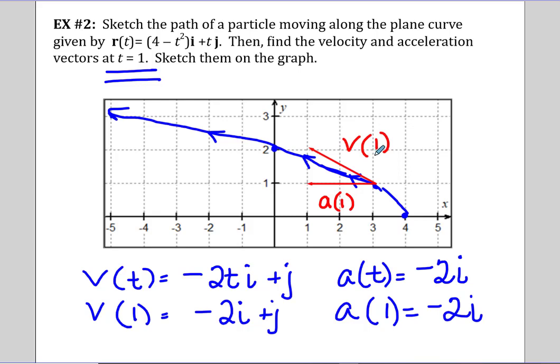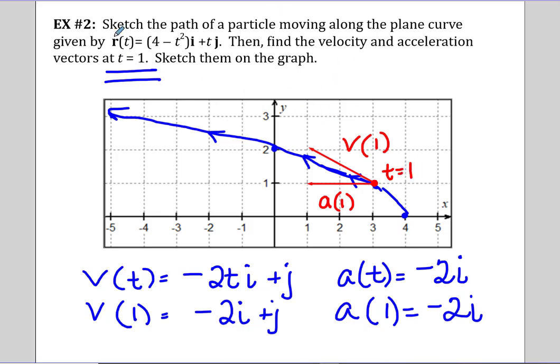Okay, I straightened this up. So the velocity at 1 is negative 2 plus 1 on the vertical. So we went 2 left and 1 up, and the acceleration at 1 is negative 2 toward the left. So this is my acceleration and this is my velocity, and this is where time is 1.